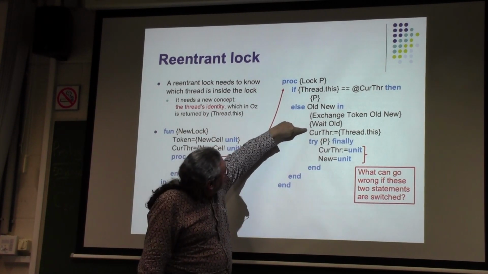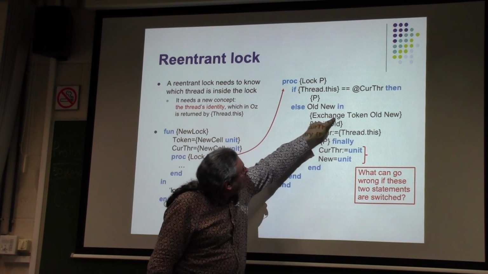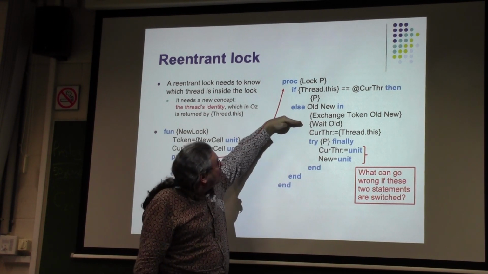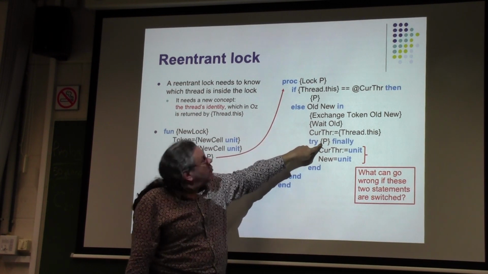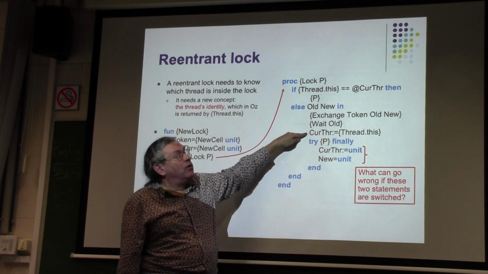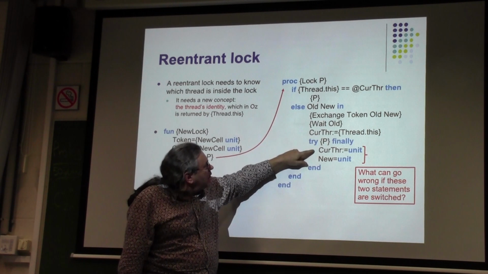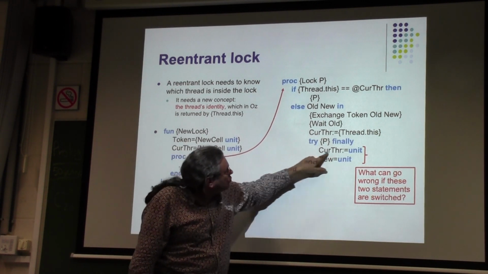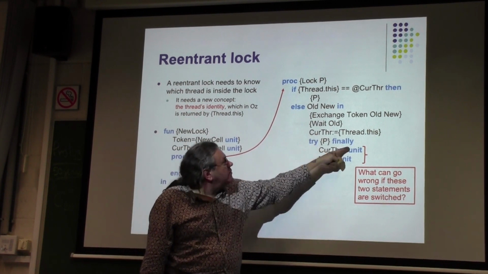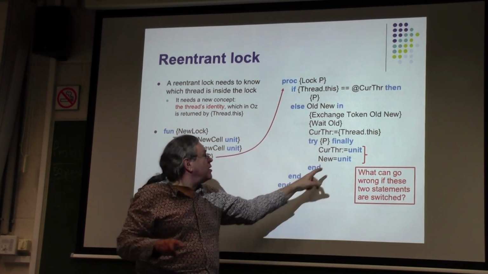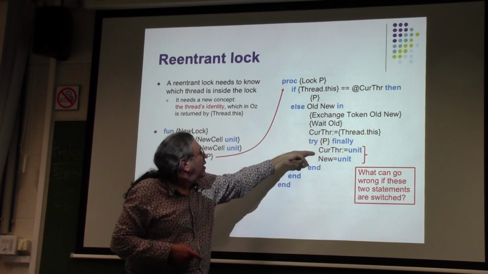Wait old is very important. This is the barrier, where you get in. Once you get in, and before you execute P, you assign current thread. And then, before you go out, new equal unit means you're out, you assign current thread back to some value that says nobody is in.